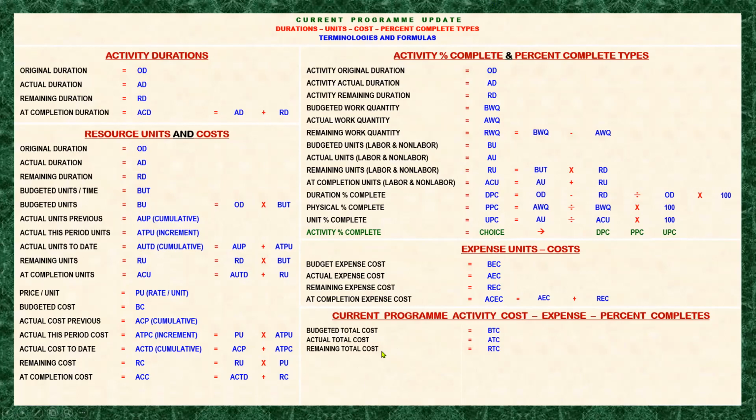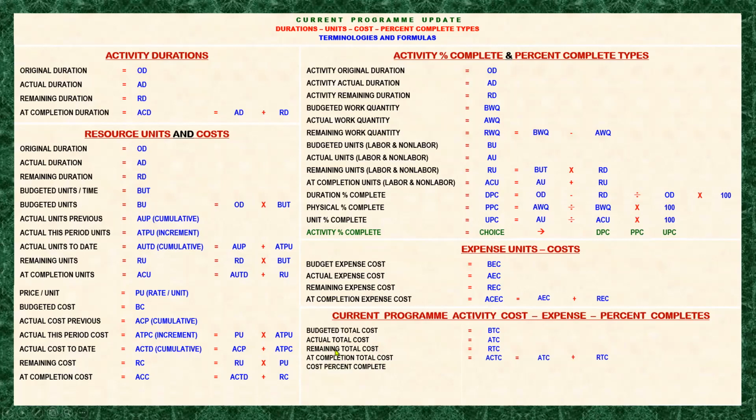Whatever is the remaining cost of the resources assigned into this activity will be the remaining total cost of the activity. Next, at completion total cost. It will go the same way: it is always the actual, or actual cumulative, plus the remaining.